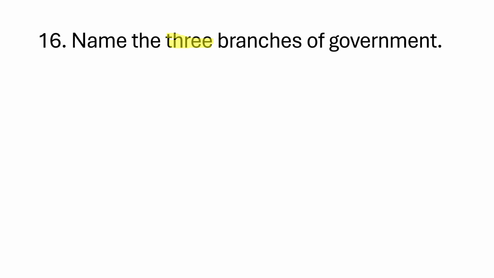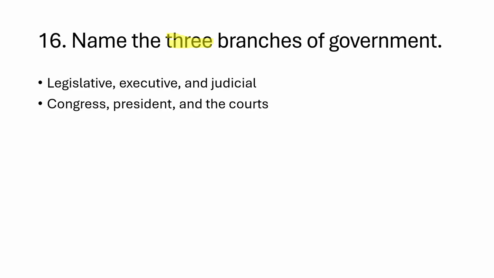There are two ways that they will accept to say any of them. They're made up of the legislative, the executive, and the judicial. And you might remember that the legislative branch is Congress.